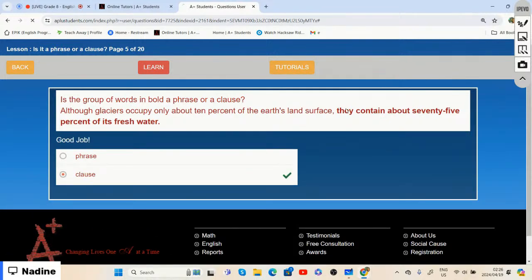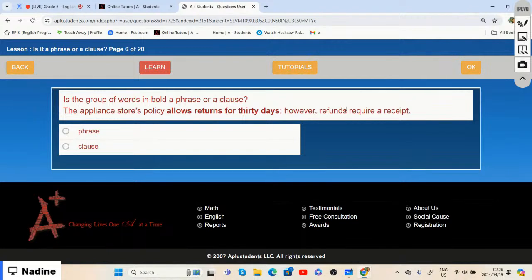All right, let's do one more. The appliance store policy allows returns for 30 days. However, refunds require a receipt.